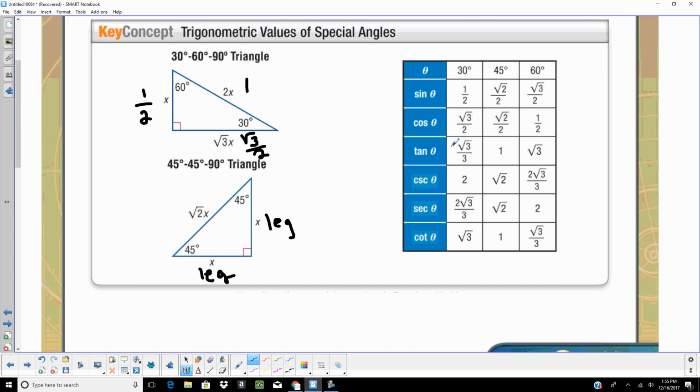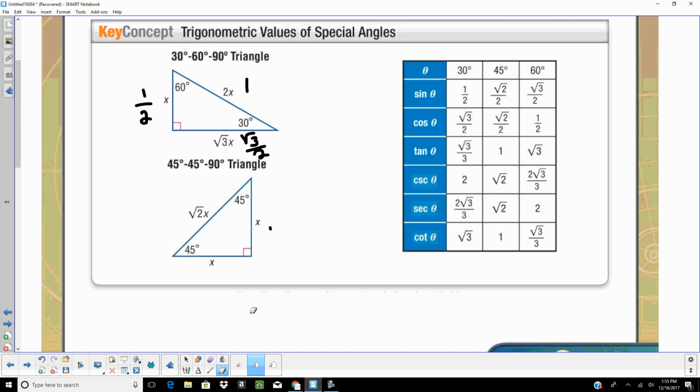And that's how I'm coming up with those ratios. Sine is opposite over hypotenuse. So 1/2 over 1 gives me 1/2. To find the 60 degree, radical 3 over 2 over 1 would be radical 3 over 2.